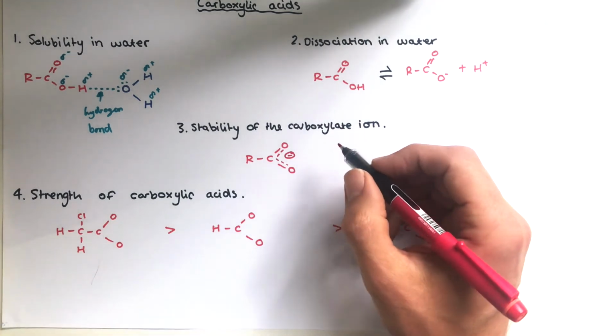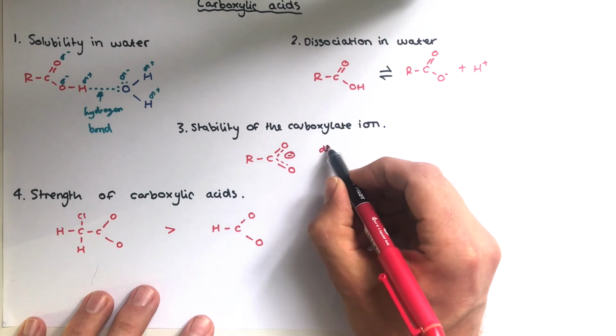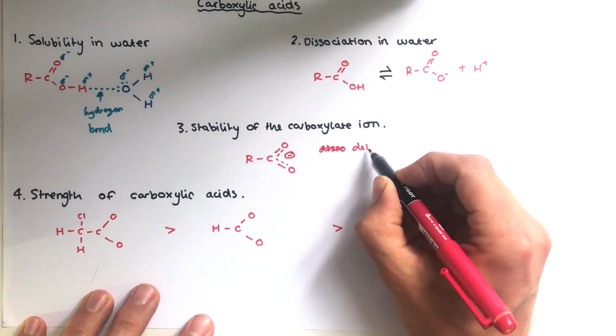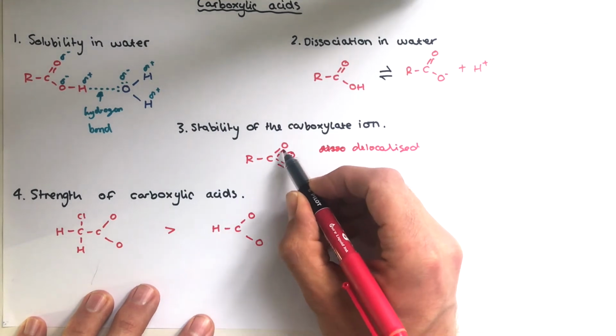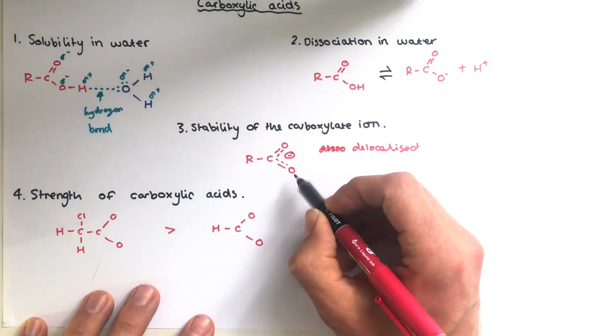So you've got the sideways overlap of the p orbital electrons, and the electrons are delocalized across this whole bond here. So the electrical charge is spread across these two oxygens.